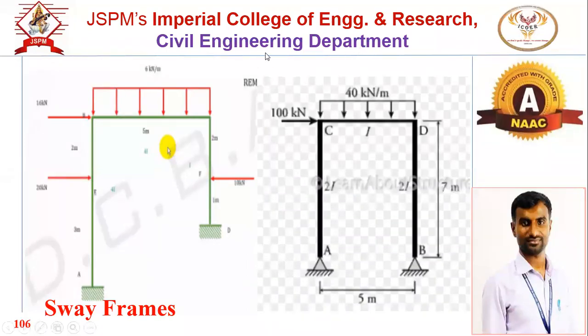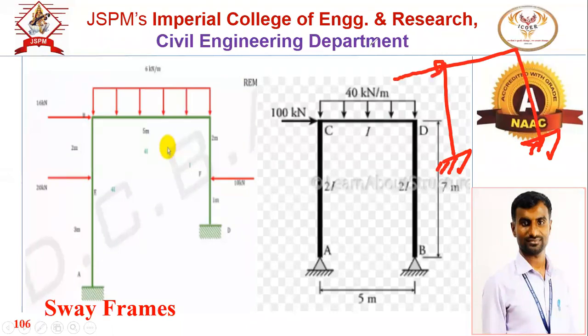Now generally there are two kinds of sway frame. The first is the general sway frame like this, which has a horizontal loading condition and a vertical loading condition. The second sway frame is subjected to only a lateral load, and that lateral load is at beam level.